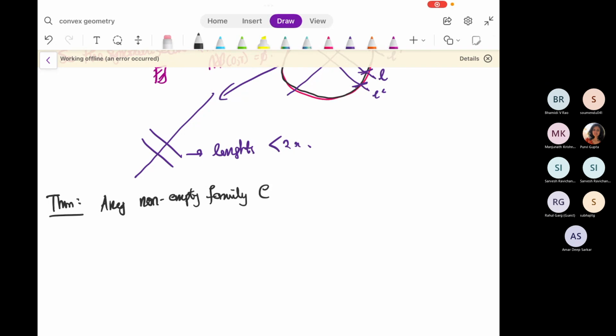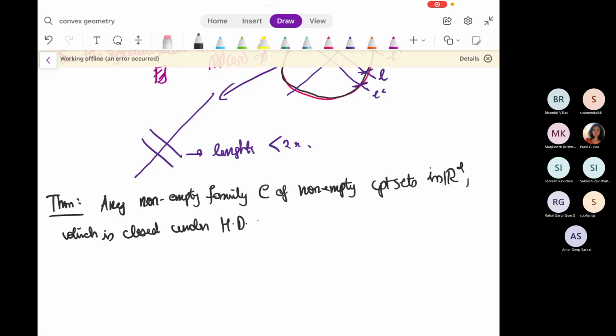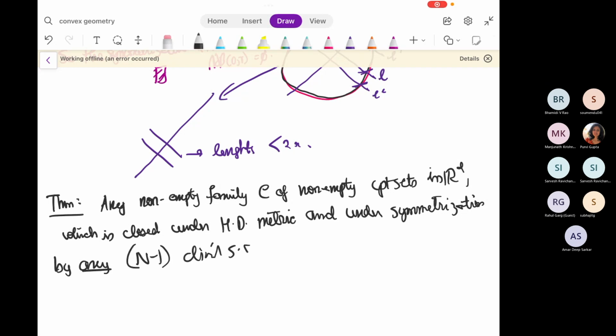So if you take any non-empty family C of non-empty compact sets in R^d, which is closed under the Hausdorff metric and under symmetrization by any hyperplane, by any n-1 dimensional subspace, then it must contain a ball. Then there exists a ball.